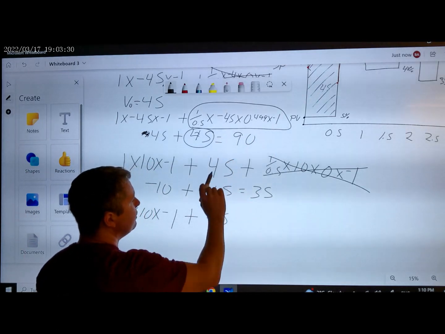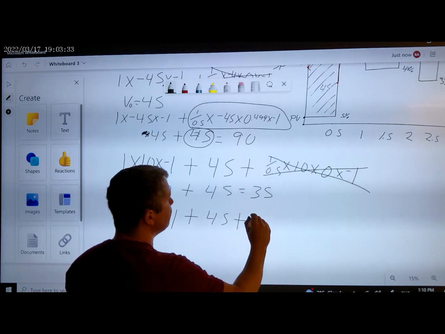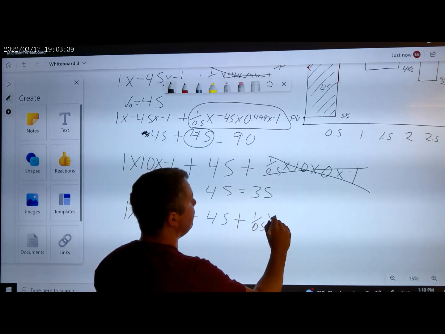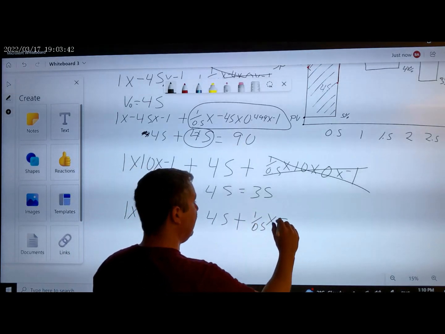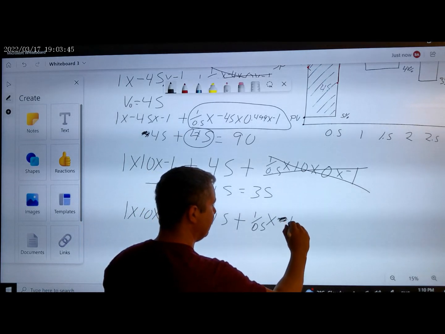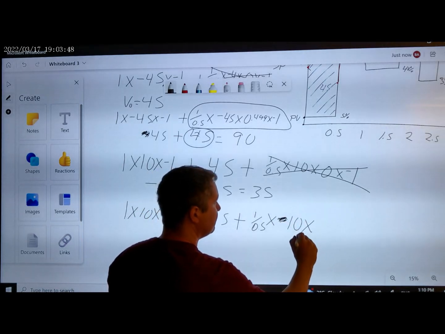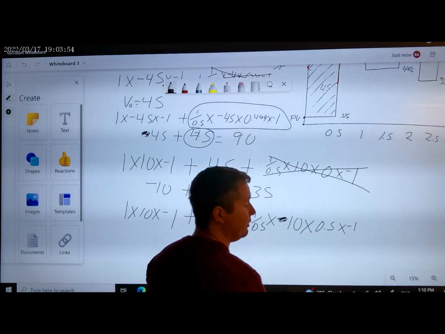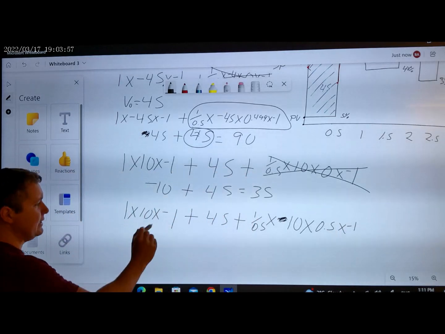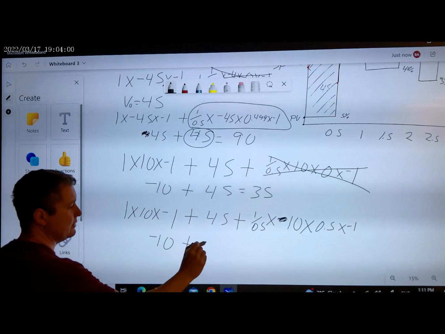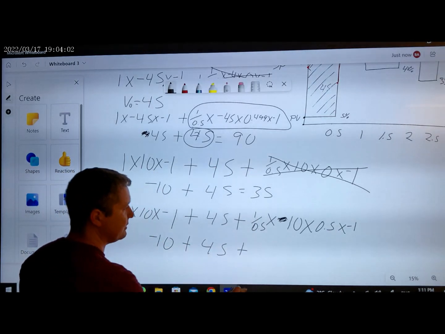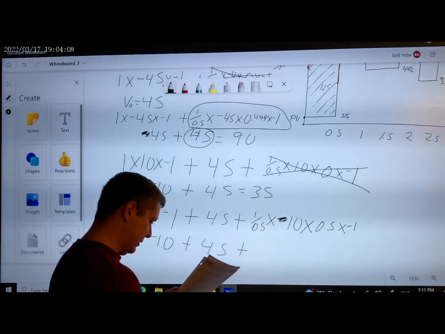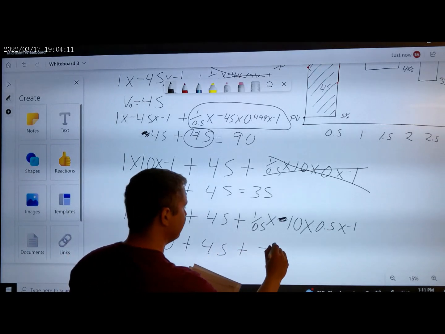And then we're going to do our equation over again, plus 1 over 0.5, our integral portion, times 10, because our error is 10, times our time of 0.5 minutes, times minus 1, reverse acting. So that's going to give us minus 10 plus 45 plus, and that is going to be, what is that going to be? Minus 10, actually.